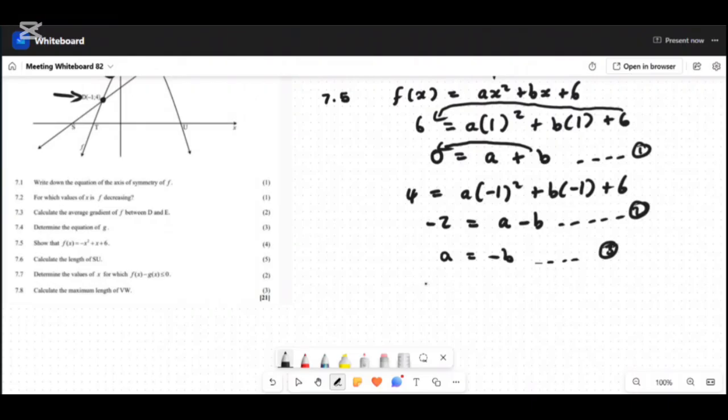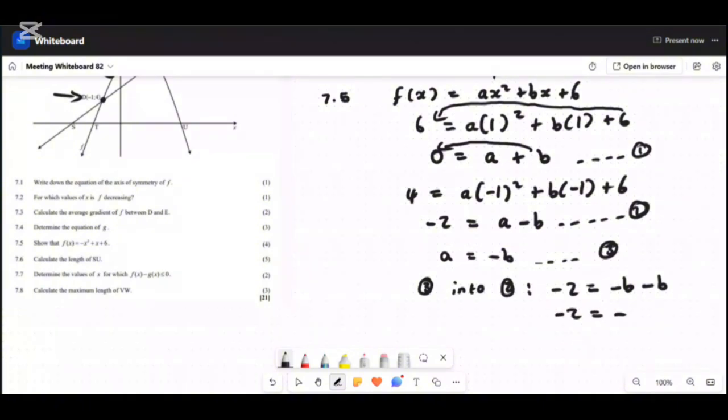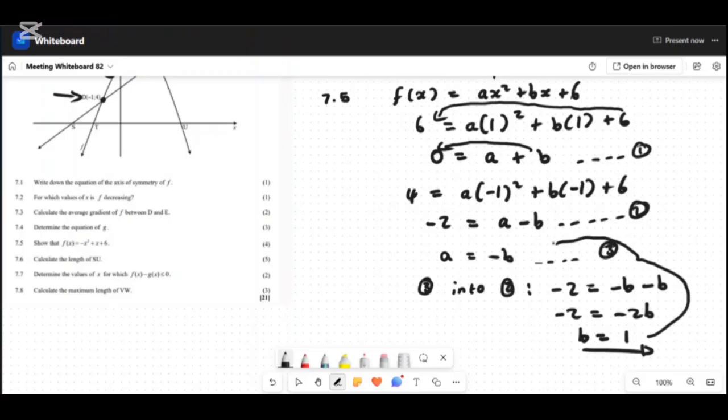So now for equation 3, you are substituting it into equation 2, right? Then you are going to have negative 2 is equal to negative B minus B. And that is actually negative 2 is equal to negative 2B. When you divide both sides, your B is going to be equal to 1. That is your B. Then you're looking for A now. For A, you substitute B in equation 3.